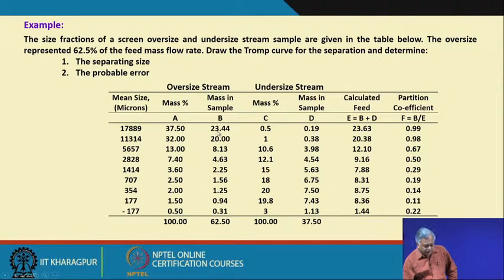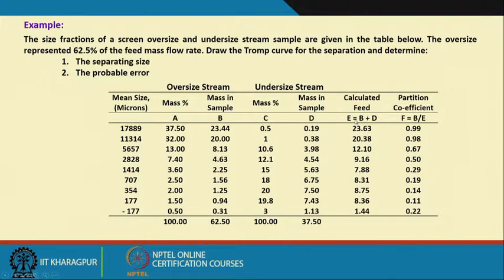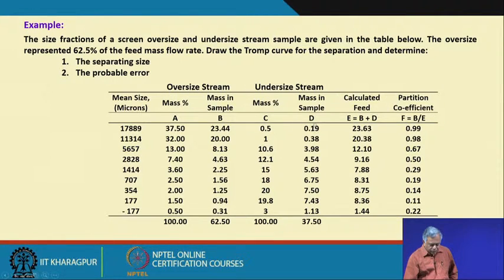I am getting 23.44 tons of material into my oversize fraction out of how much? Out of 23.63 available in the feed. So, the partition coefficient F is equal to B by E. I can similarly do it with D by E for undersize particles. Okay. So, that will give you 0.99. That means for the coarsest particle, the effectiveness of the screen is around 99%.